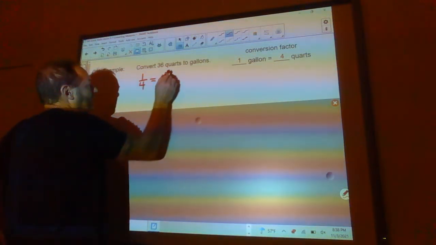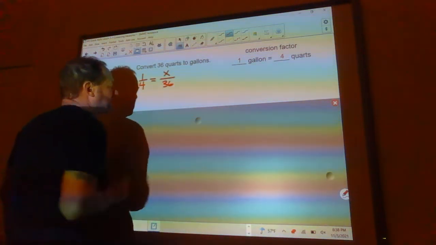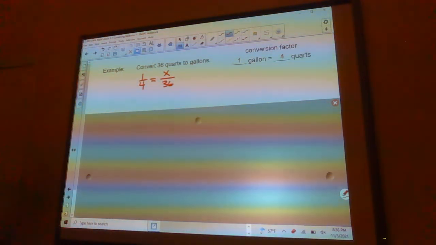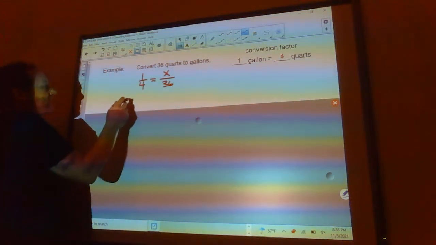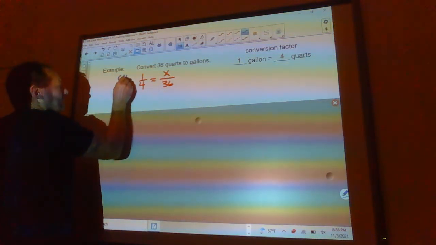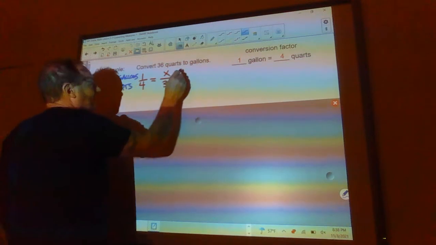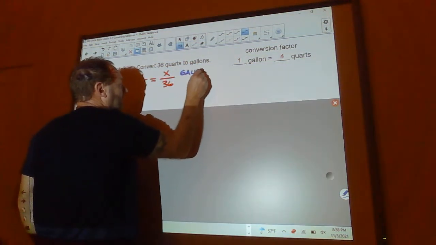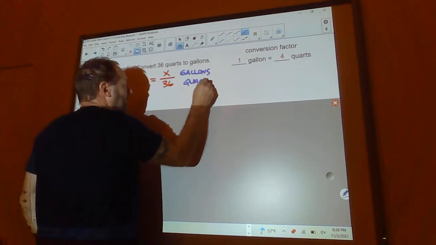Over here, we're going to have gallons, which we want to know, and quarts is 36 on the bottom. Make sure that you always have the right units in the right place. I've got to have gallons on top over here, and quarts on the bottom over here.